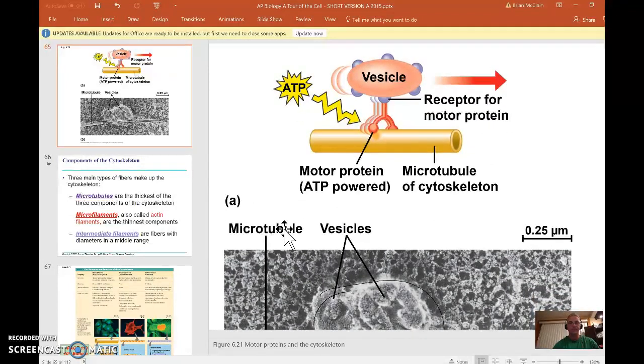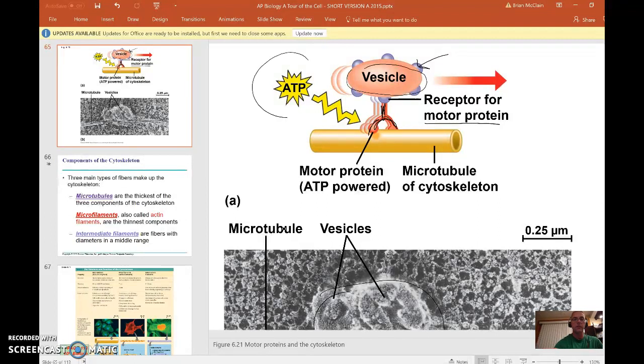So it's a lot of times easier to look at the artistic sketch to get a better idea of what's actually happening. But our vesicle is, as you may recall from earlier sections, basically some membrane, which is going to have not only the phospholipids, but also some of those surface proteins. And it's going to package up different types of proteins, and that would also connect to this structure here, which is a motor protein. And we're going to see some motor protein used later on.